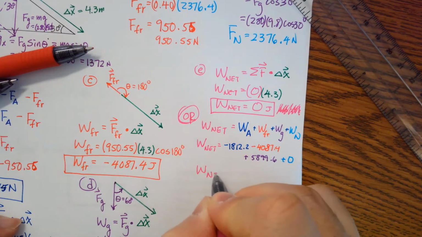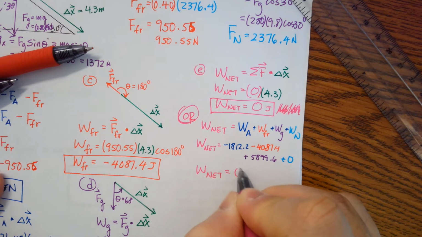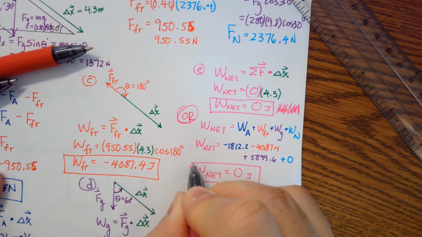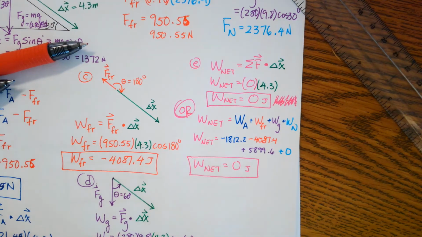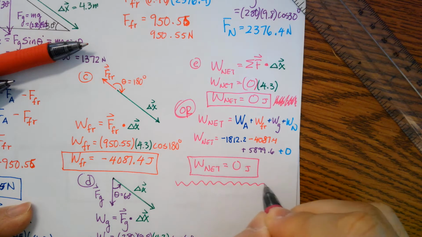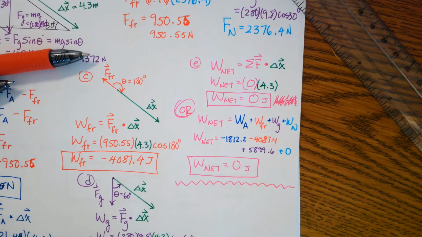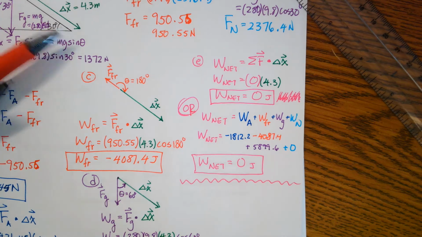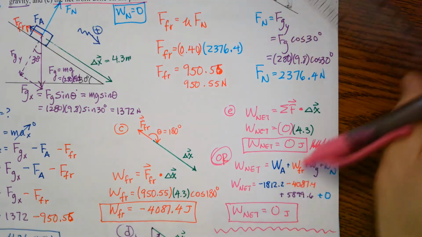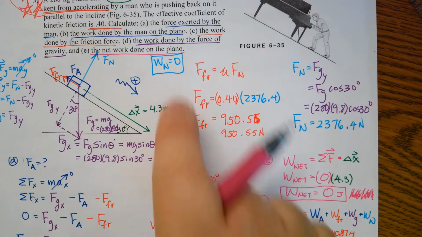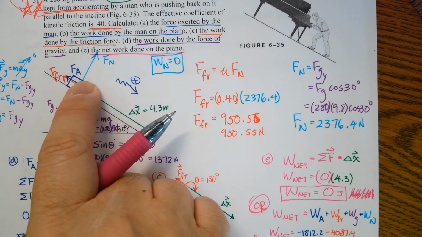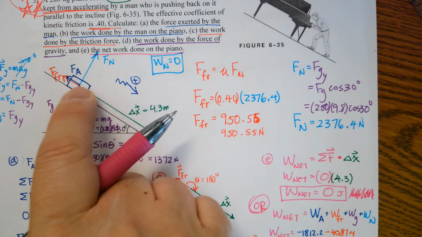My work net comes out to the same 0 J. All right. So it's important to realize the work done by the normal force here is 0 because the cosine of 90 is 0.